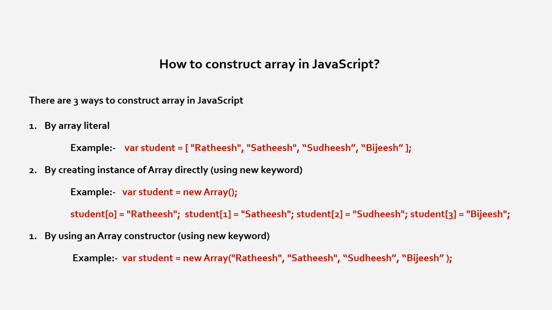Square brackets we use in the literal, and there is no new keyword, but here in the sense new Array, then this bracket you have to use, not square bracket. See the difference? That much is clear, right? Now we have learned how to construct an array in JavaScript.